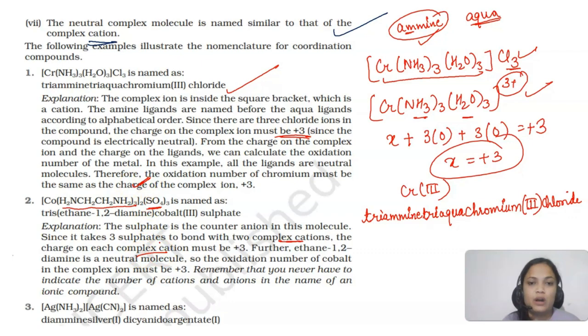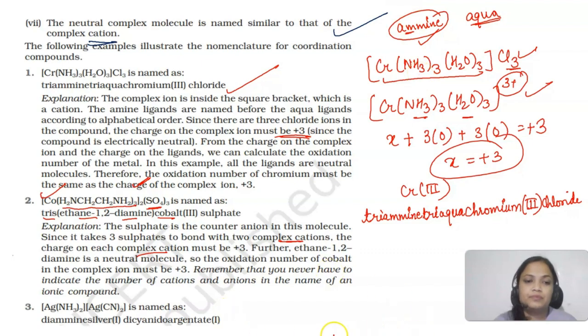And the oxidation number will also be +3 for cobalt. Because ethylenediamine is a neutral ligand, the oxidation number will be +3. We don't have to write the number of cations and anions, whether 3 or 2. So it will be tris(ethane-1,2-diamine)cobalt(III) sulfate.